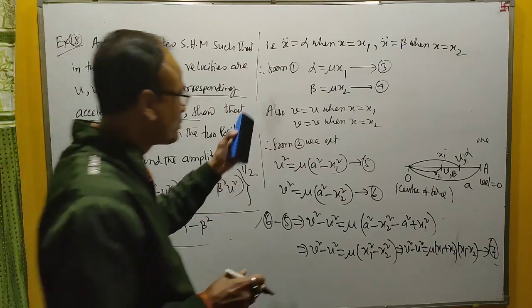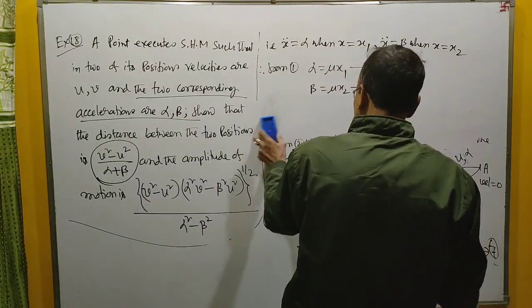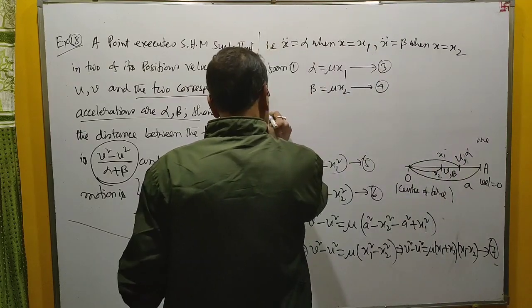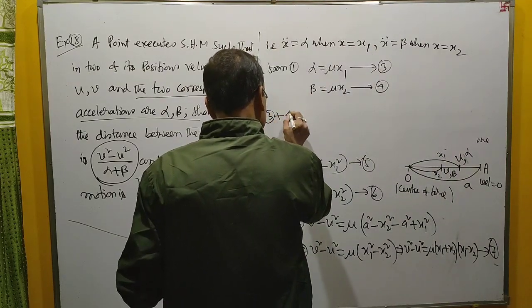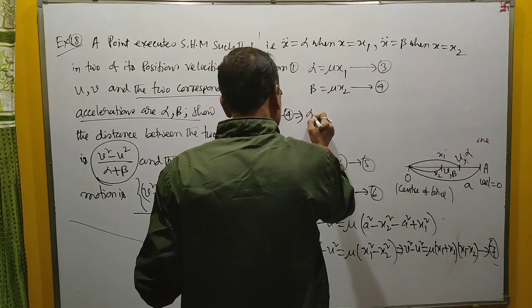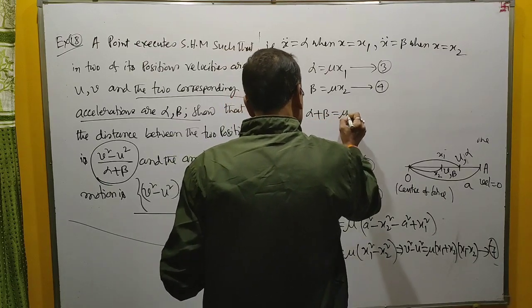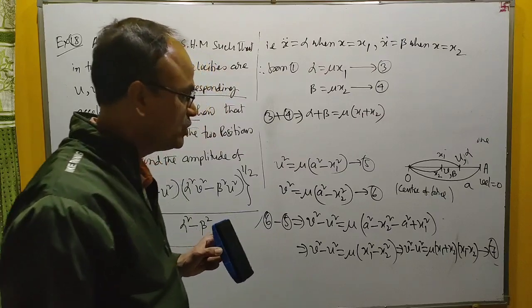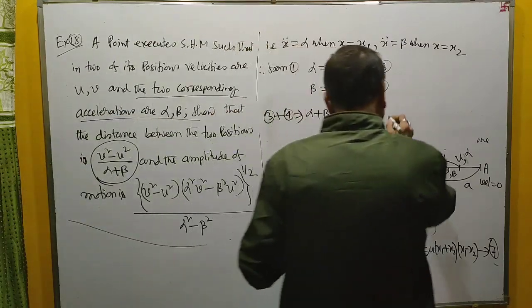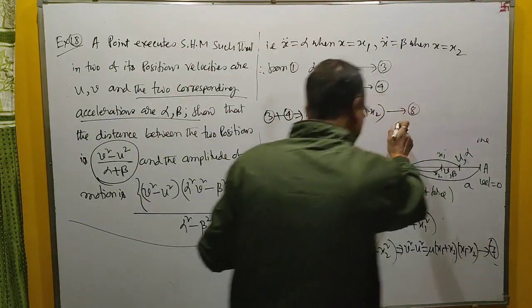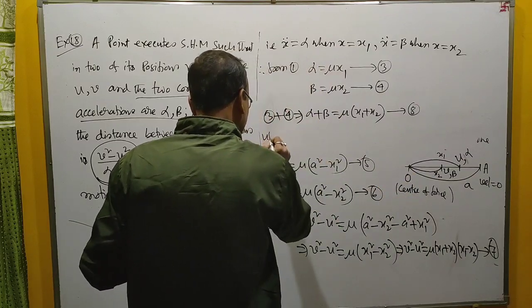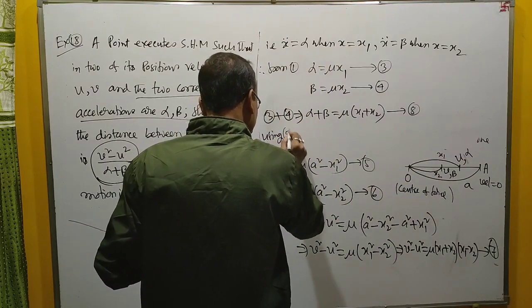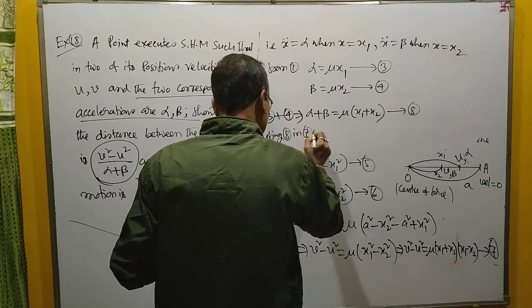Now, adding 3 and 4, we get alpha plus beta equal to mu into x1 plus x2. Call this number 8.